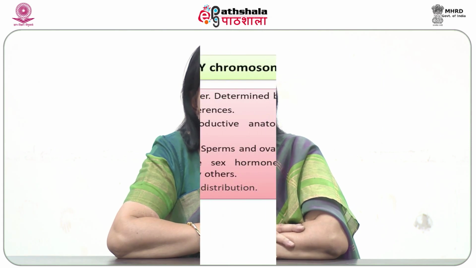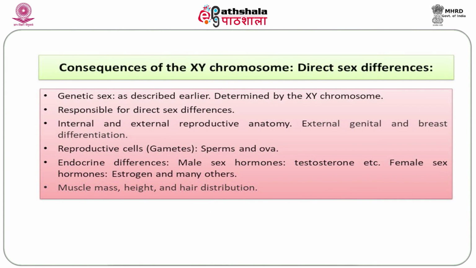Now, the consequences of the Y chromosome result in what are known as direct sex differences. Genetic sex, as we have already described at length, is responsible for direct sex differences.